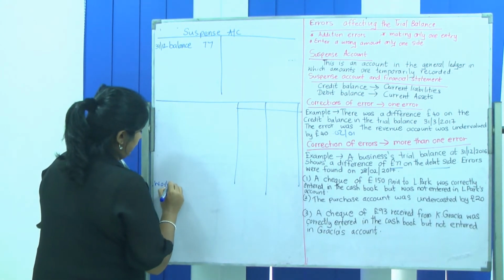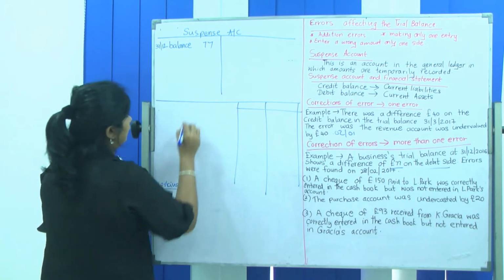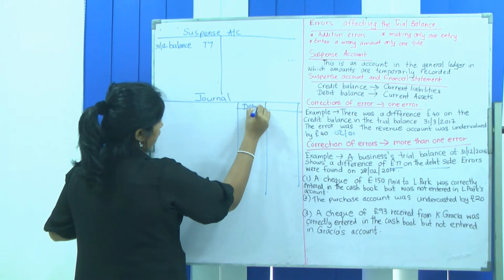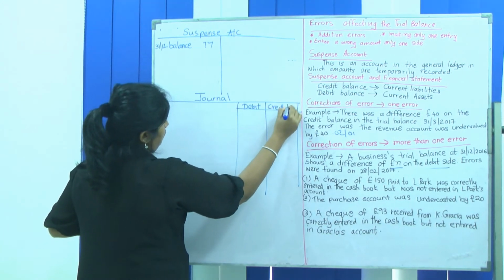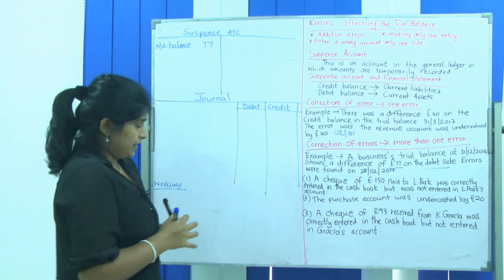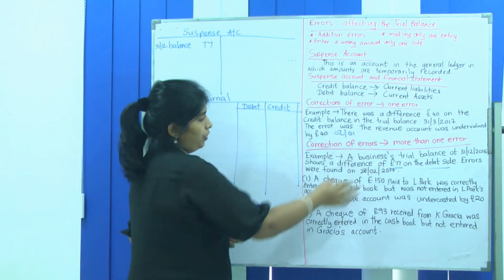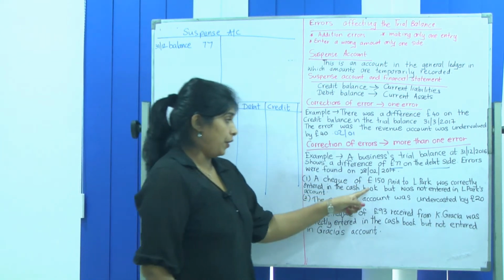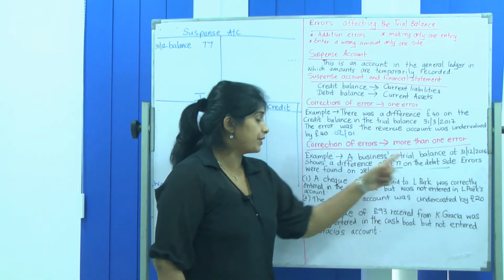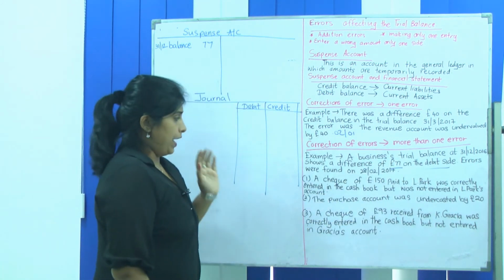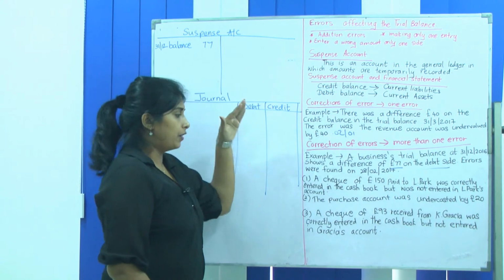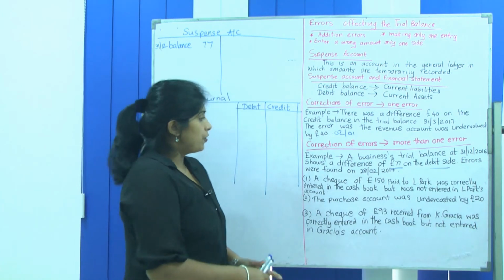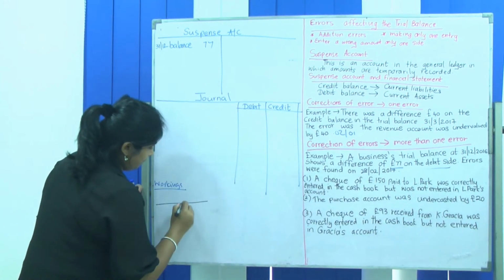Now, one by one, I'll do the workings here and show you how to record them in the journal. This 77 pounds shortage: the first error was a check of 150 pounds which they paid to L Parker, correctly entered in the cash book. As soon as you pay using a check, bank goes down and the person to whom you are paying decreases as well.